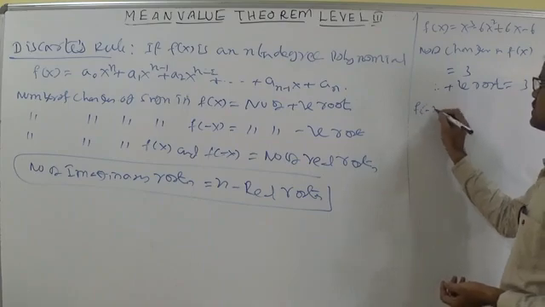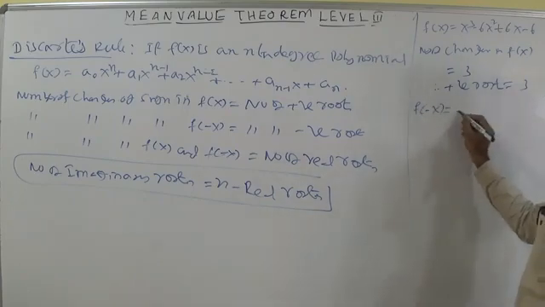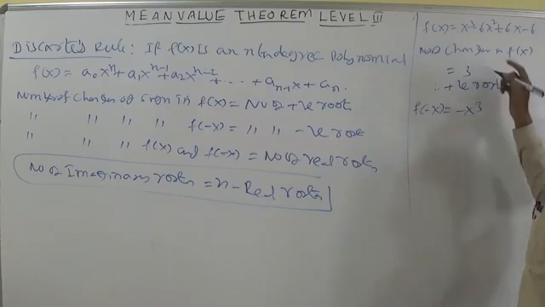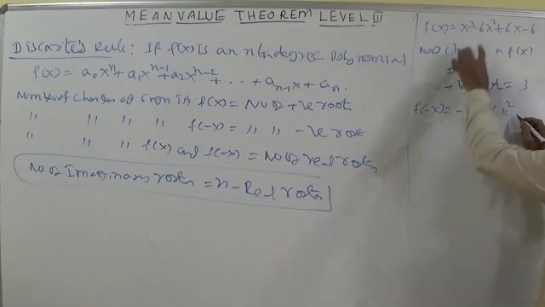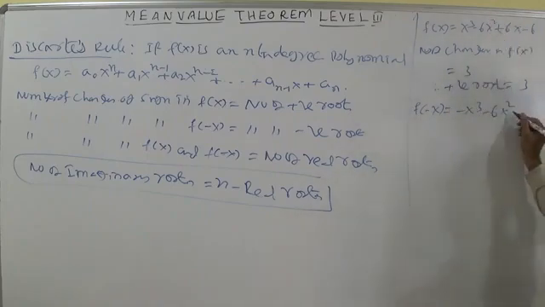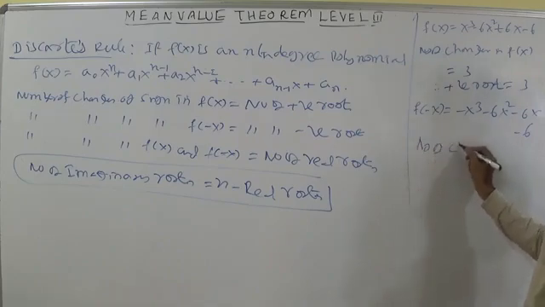Next, let us consider f of minus x. You substitute minus x instead of x. It becomes minus x whole square, which becomes minus 6 only. This is minus 6, minus 6. Now you observe the number of changes in sign.